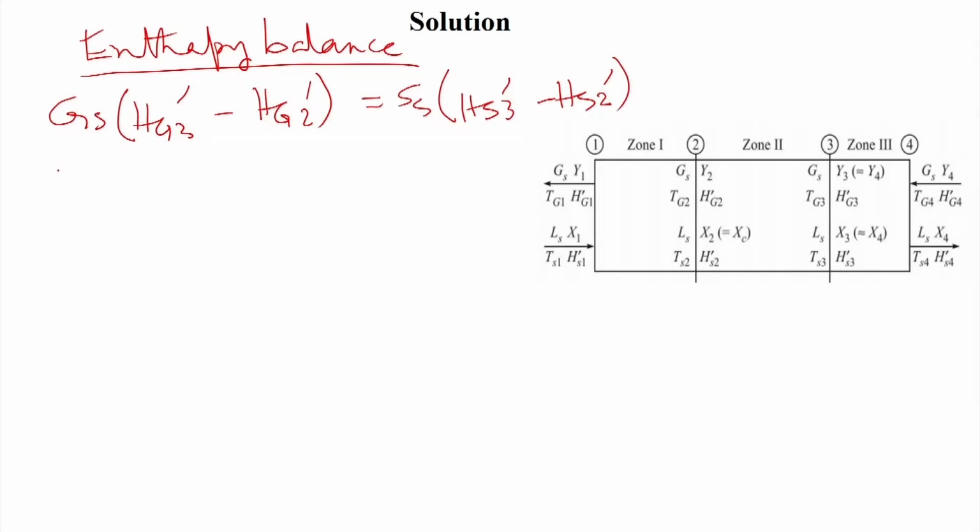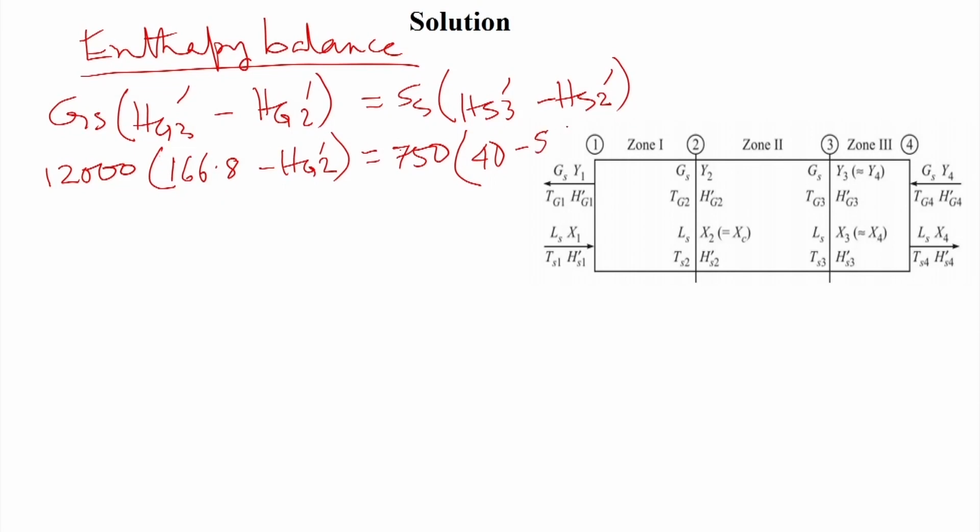That is, we can say 12,000 into Hg3 prime, we have just calculated 166.8, minus Hg2 prime, we do not know, is equal to 750 into Hs3 prime is 40 minus Hs2 prime is 52.97.